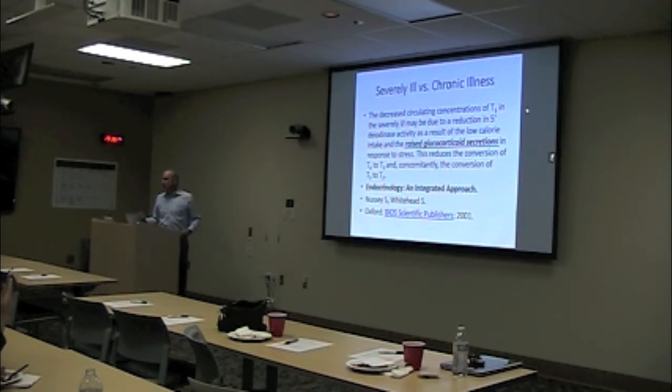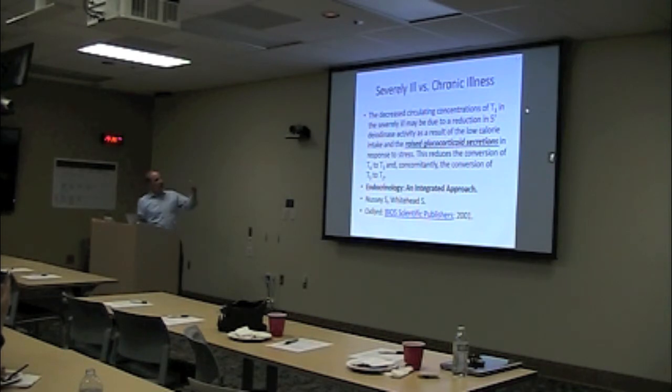What happens in stress? The cortisol goes through the roof. People get stressed, their immune system goes down, they get sick. So, again, this is a chronic illness versus a severe illness. This reduces the conversion of T4 into T3 and concomitantly the T3 to T2.